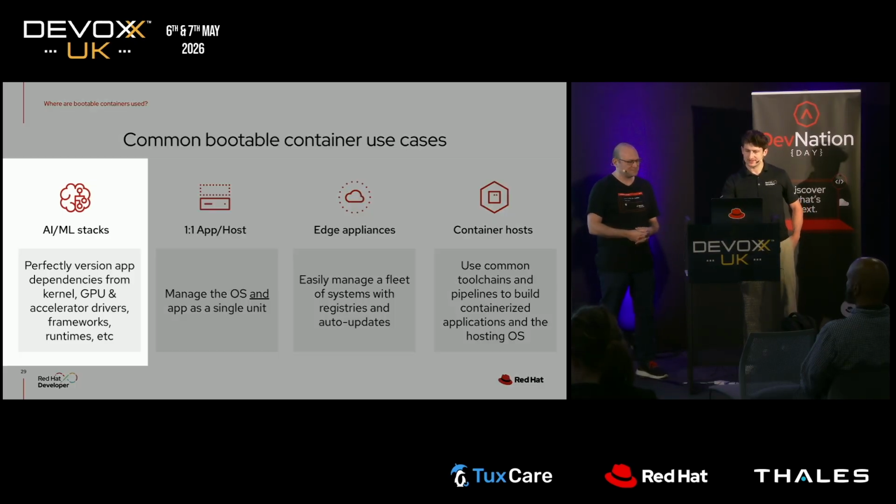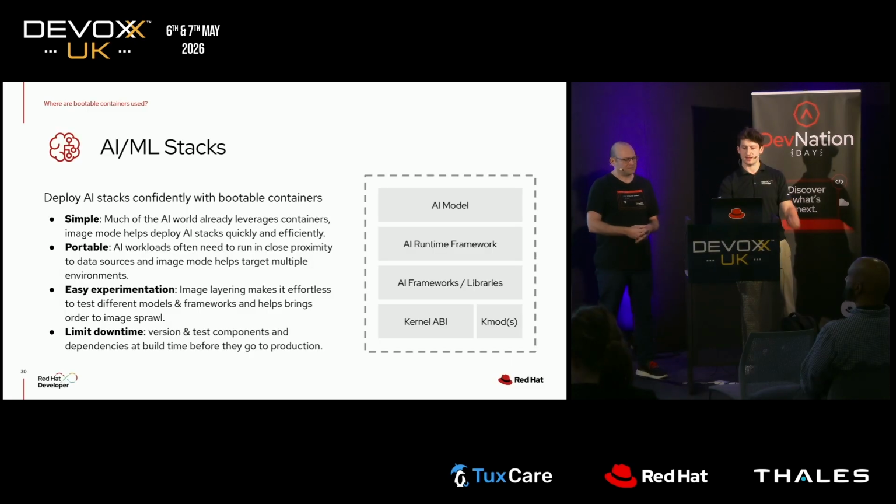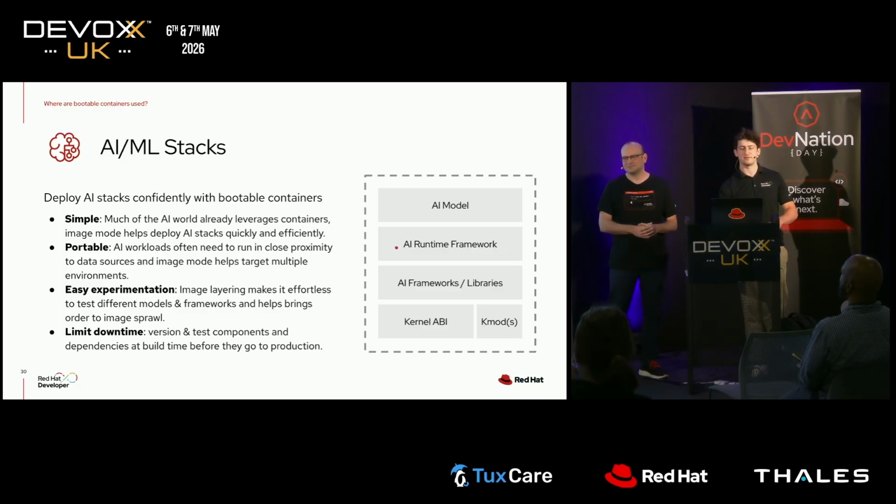Right, exactly. We'll take a quick look at AI stacks for the demo today because, as I mentioned before, on top of the kernel and any acceleration, you've got the drivers and frameworks you need for accelerated compute. You need frameworks or some type of model serving engine, and then a model on top.